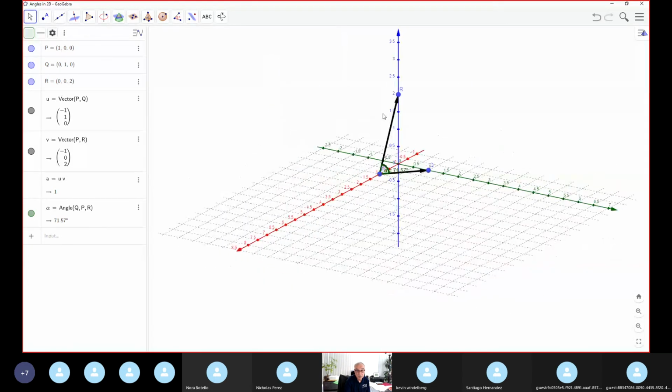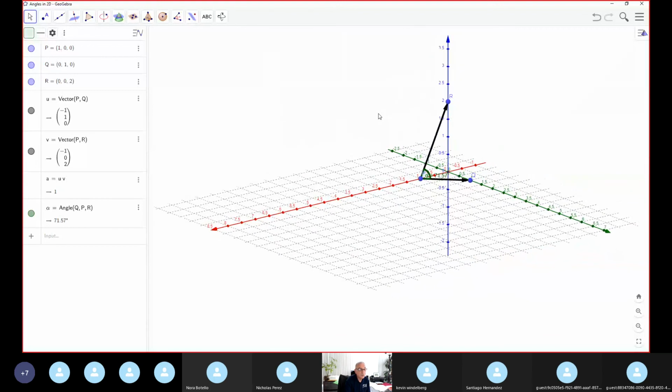It's totally optional. And you have the famous points PQR. P, Q, and R. And put the vectors. And the angle is, look at the answer: 71.56 degrees. Super, super. We are the best.